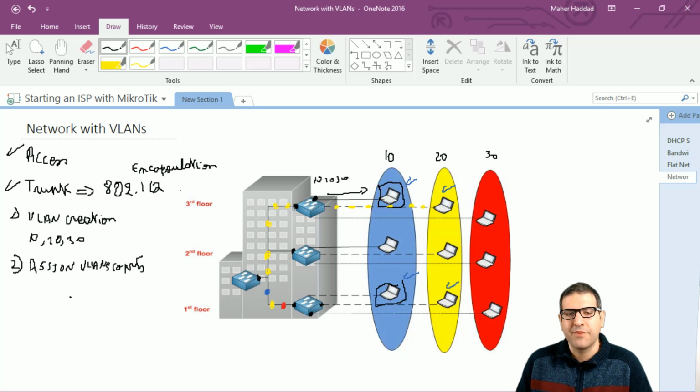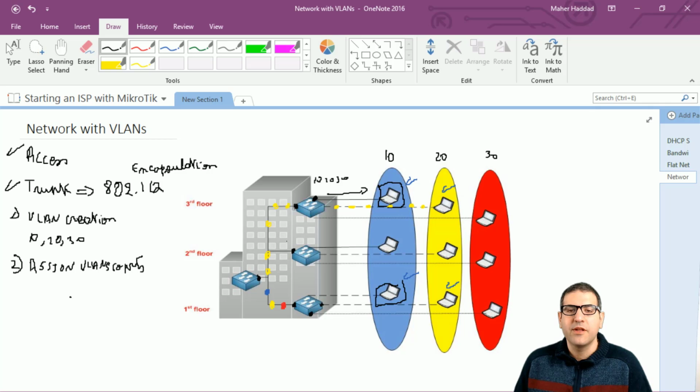That's also for trunk, but it's not used anymore. It's discontinued. Even Cisco took it out from their operating system. So the standard for trunk that you can see in every switch is 802.1q. So that means that when you want to configure the trunk, you need to enable the protocol of the trunk, which is 802.1q. That's the encapsulation protocol.